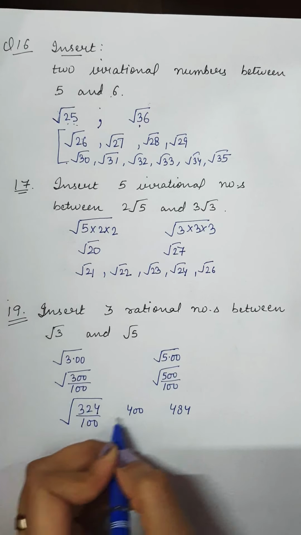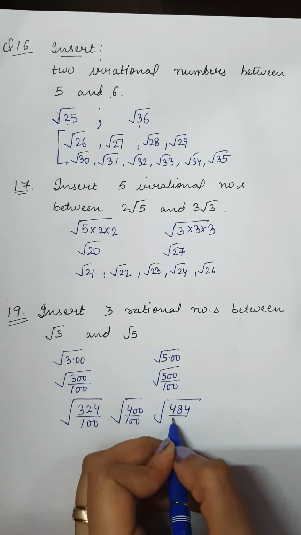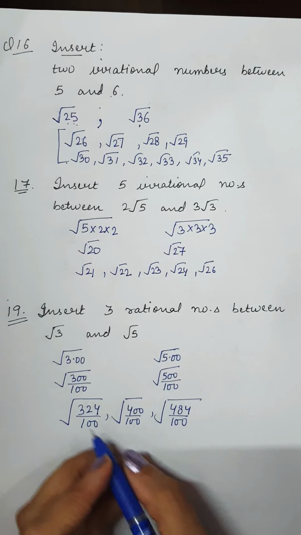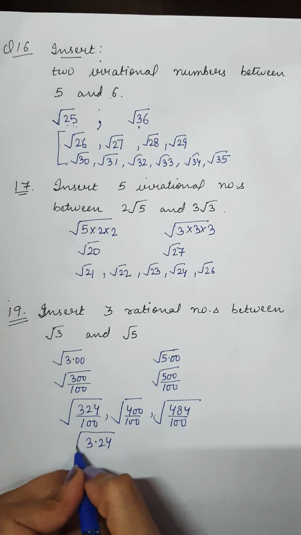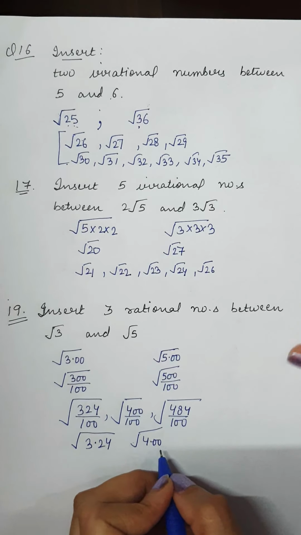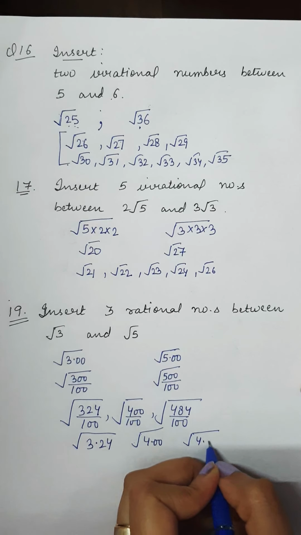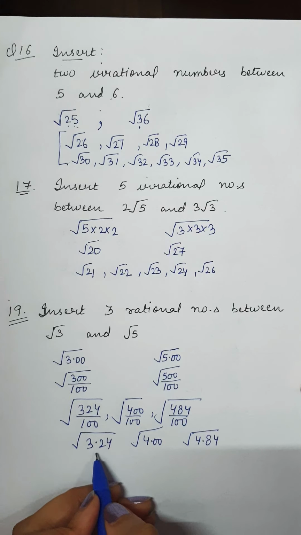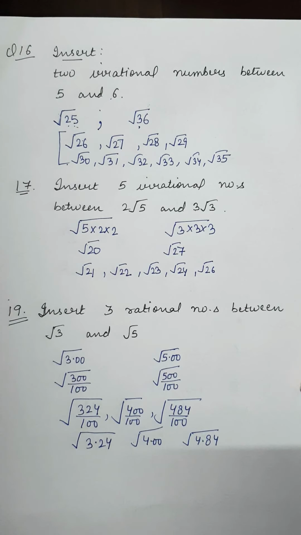So that means all these numbers will lie between them, right? So this can be further simplified: 3.24, this is 4.00, and this is 4.84, right?